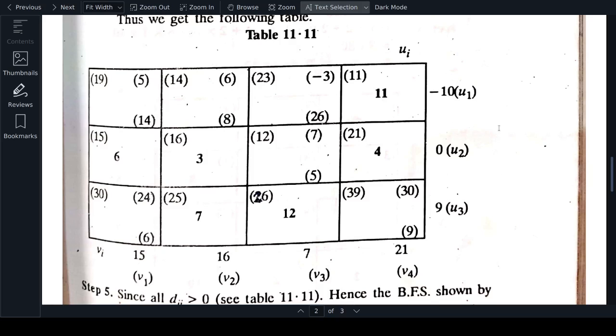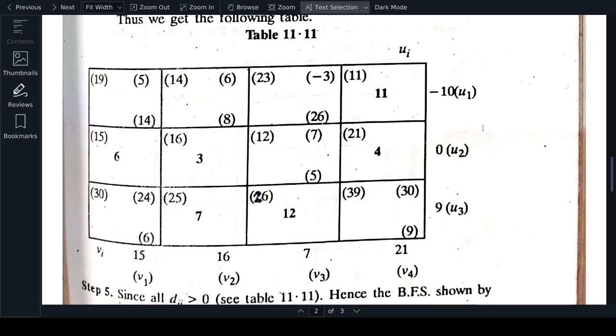You see up to this, Ui and Vj, you will remember, are calculated from the occupied cells. Okay. Next, what we do? Next, you see the table. Step number 3 and step number 4, no need to write in your exam.